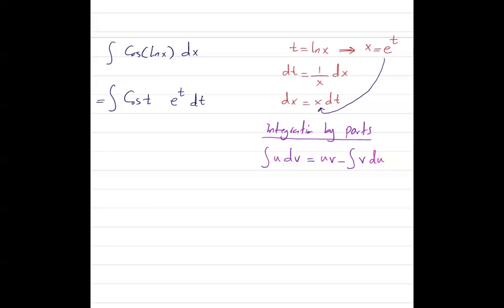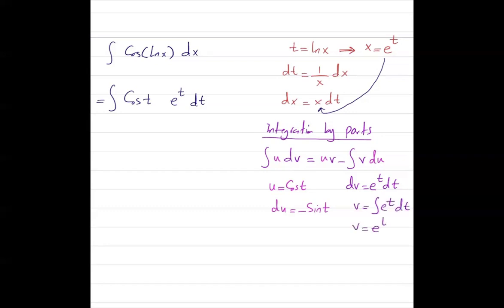Let's see. It doesn't matter, to be honest, which one is u, which one is dv, because you see repetition here. So pay attention, please. If I take, for example, u to be cosine t and then dv equals e to power t dt, my du is equal to negative sine t, and my v is the integral of e to t dt.